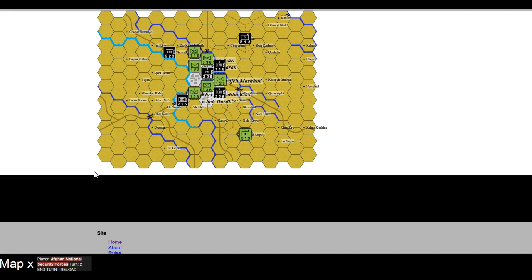Okay. Well, the Afghans have had a bit of an upturn there. Probably best holding in on these fronts. They want to keep that artillery at least with that unit. But the thing is, that's going to be a really difficult hex to attack.